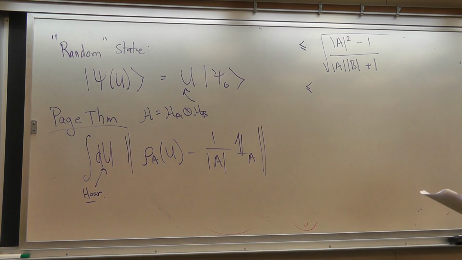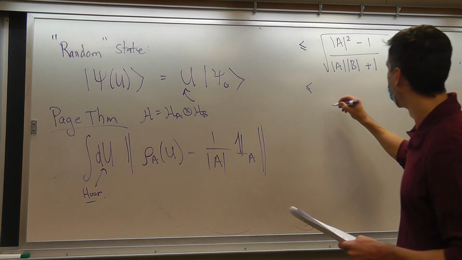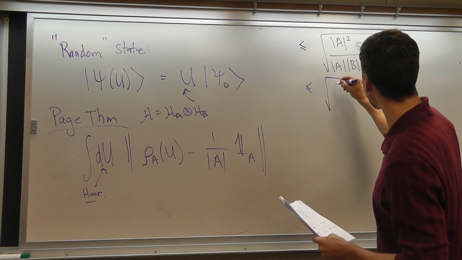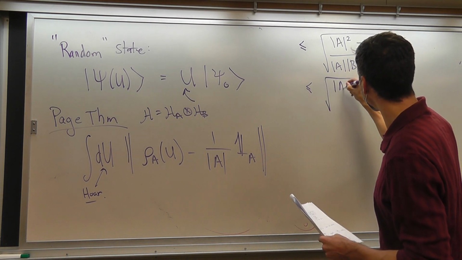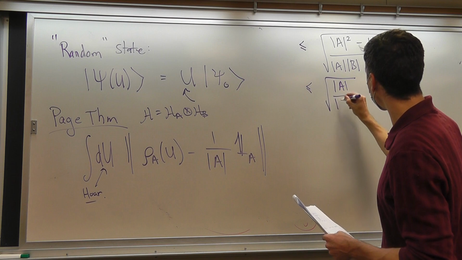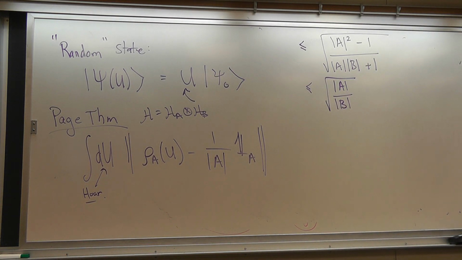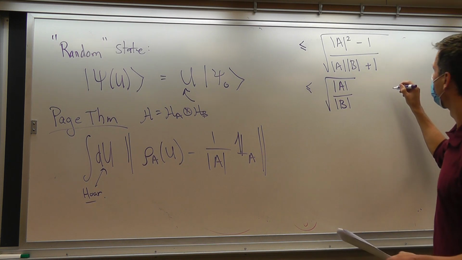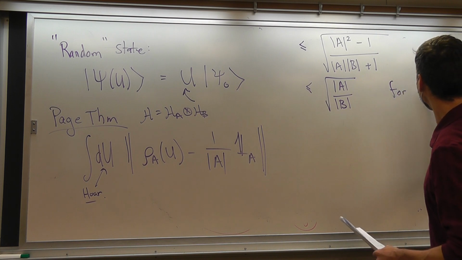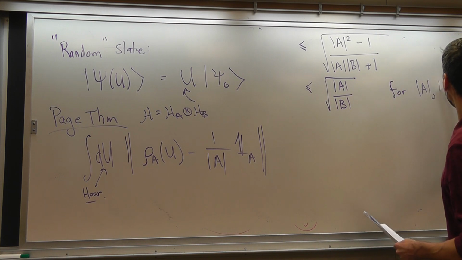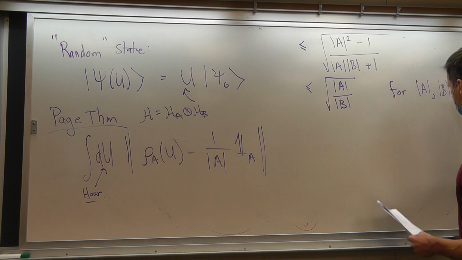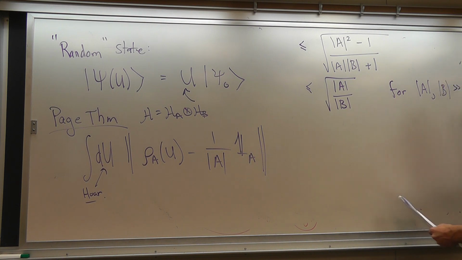A more intuitive, slightly weaker statement is that it's bounded above by the square root of the size of A over the size of B. And this is for A and B both much bigger than 1.